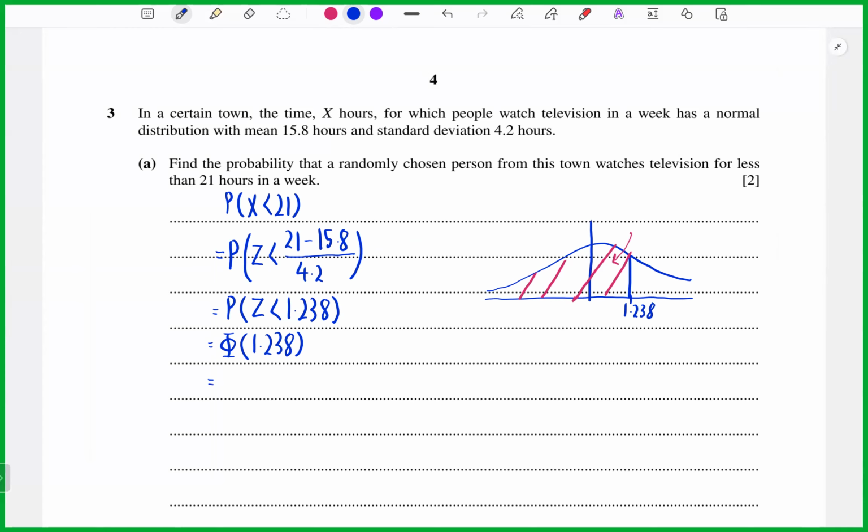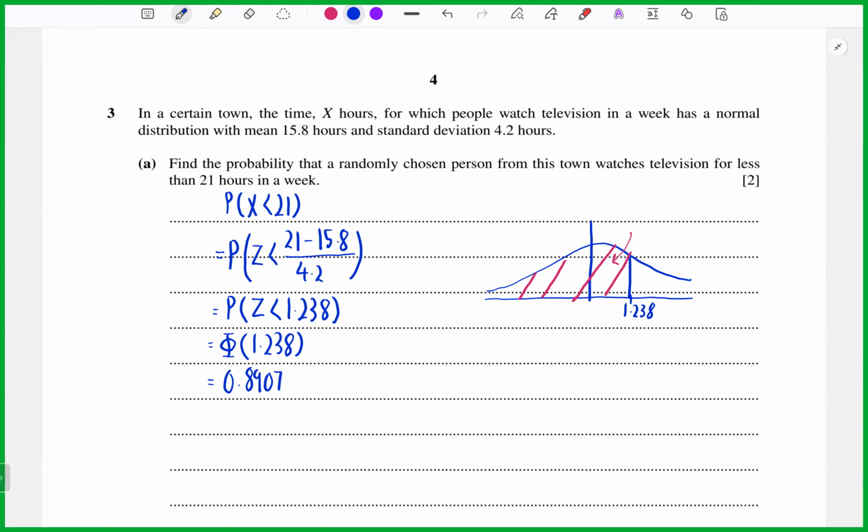Okay, wait a minute. You see it's 1.2, 1.23. So 1.23 is 0.8907. Then 1.37, and the last digit is 8, right?